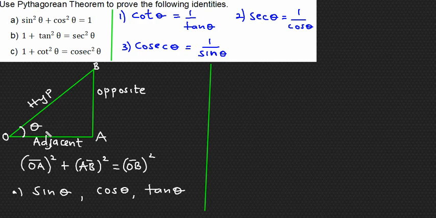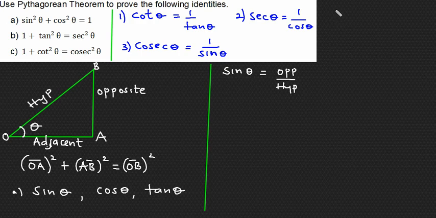We know from, look at this triangle, sine of this angle, sine of theta, we know that sine is opposite over hypotenuse.